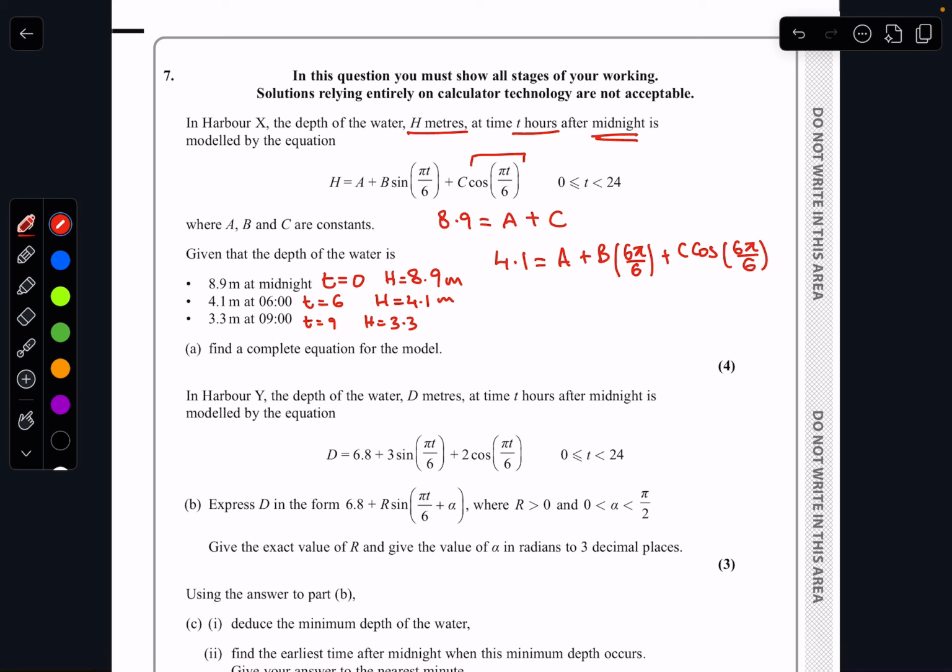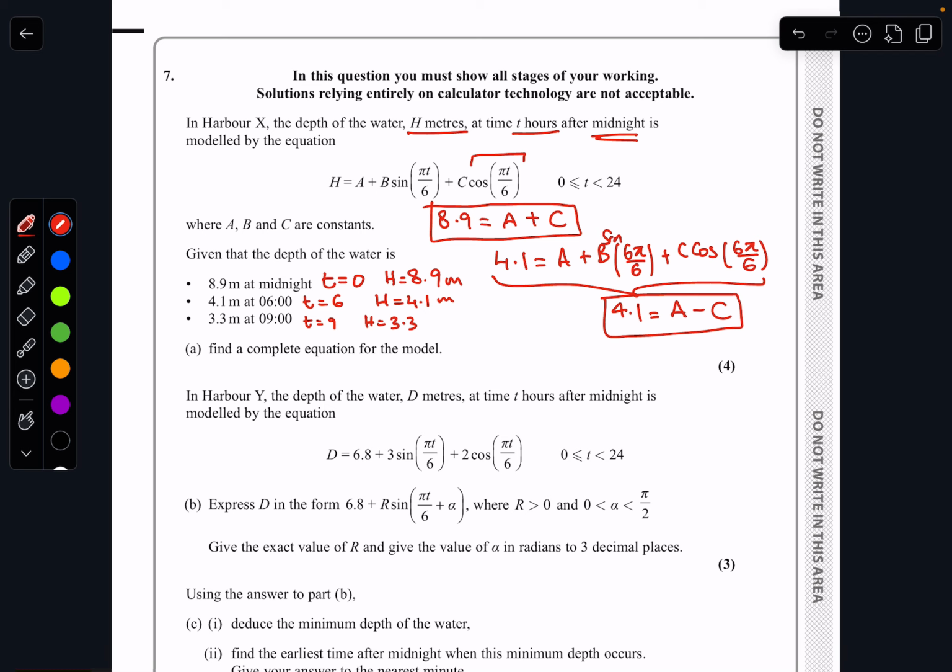This simplifies down to 4.1 is equivalent to A, because sine of 6 pi over 6 cancels out to be 0, and cos of 6 pi over 6 is minus 1, so 4.1 is equal to A minus C. So we have 8.9 is equal to A plus C, and 4.1 is equal to A minus C.